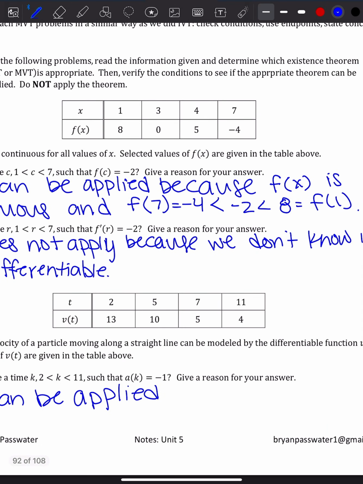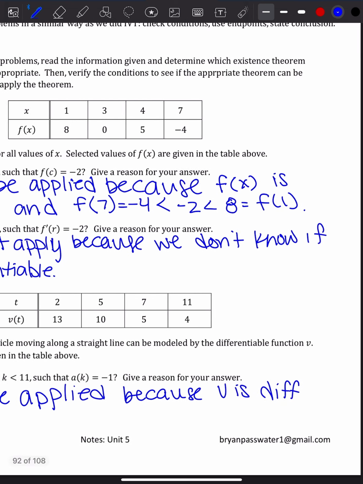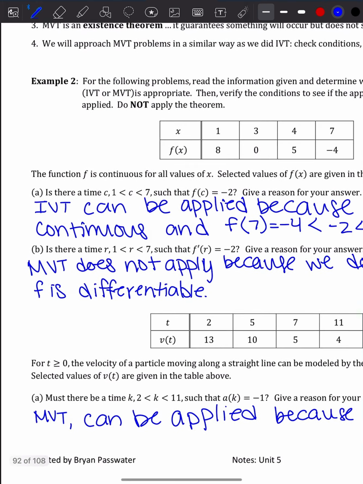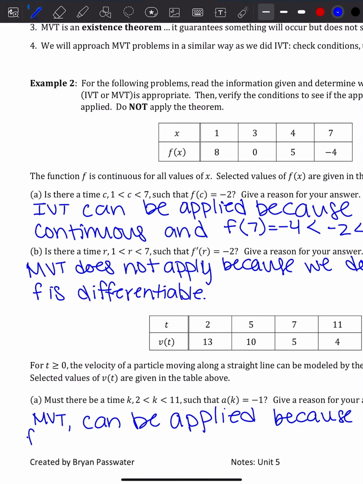Because v is differentiable for all values of t, v is continuous for all values of t.